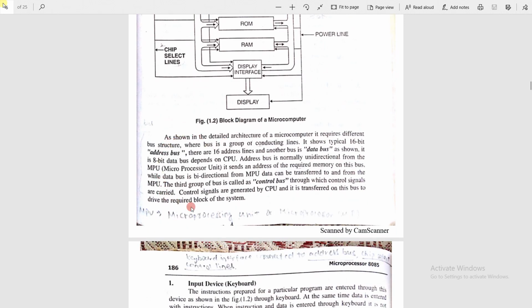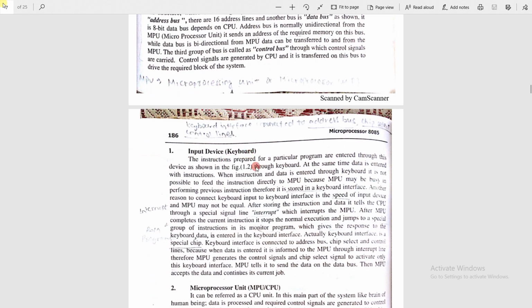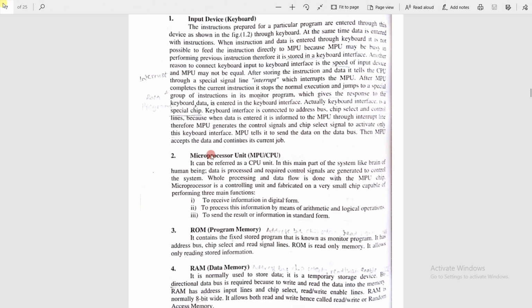This is basically all about the buses: address bus, data bus and control bus, which we have discussed. Input device keyboard we have also discussed. MPU we have also discussed. The function of the microprocessor unit is to receive information, to process that information by means of arithmetic and logical operations, and to send the result or display the result.